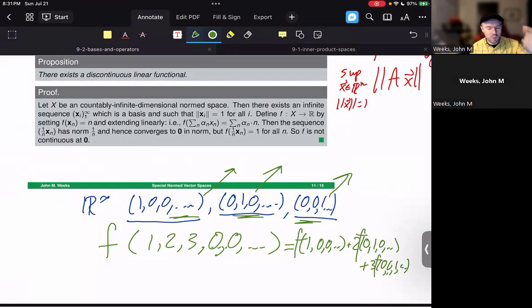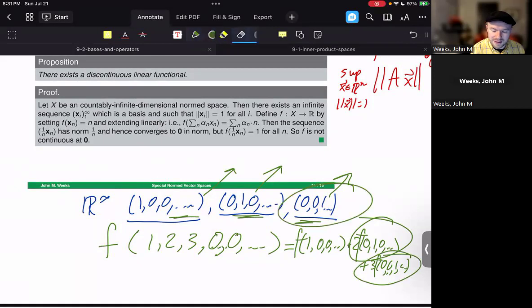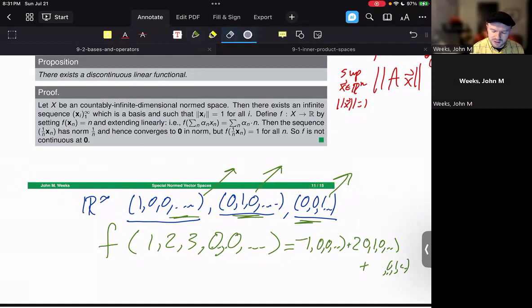It's just going to take me to 1 times where the function sends the first basis element, plus 2 times where the function sends the second basis element, and 3 times where the function sends the third basis element. And you'll see me use this a good bit when we're talking about linear transformations. It says that if I know where the basis goes for a linear transformation, I know where everything else goes.